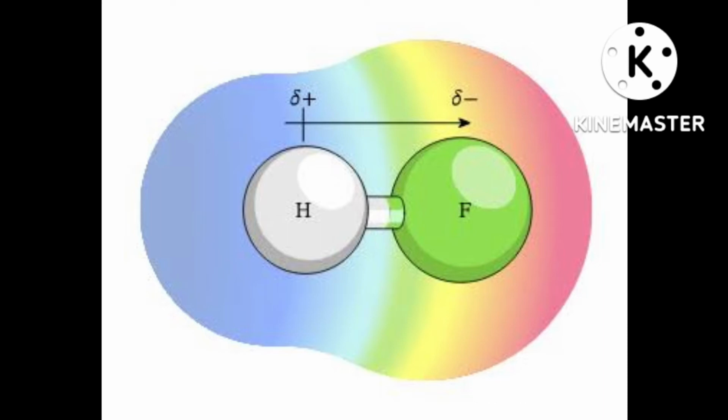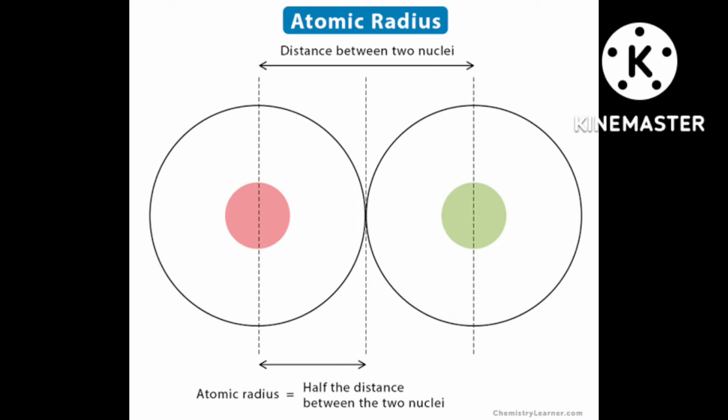When in a process heat is absorbed, that is called endothermic, and when heat is going outside, then it is called exothermic. Heat released, that is called exothermic, and delta H is given the sign minus, means negative, and when heat is absorbed, that time it is given positive.